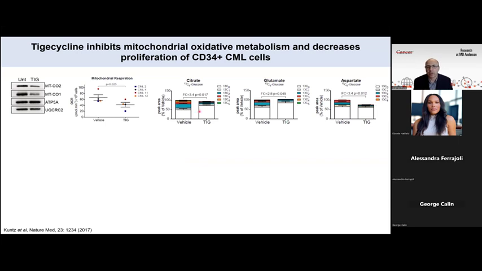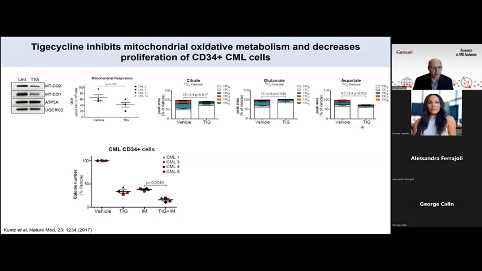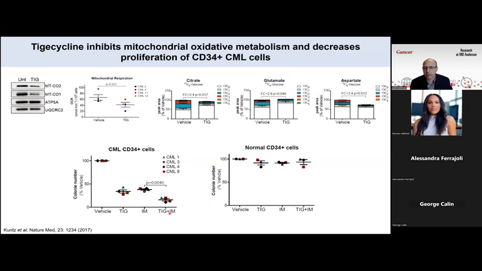Doing the glucose tracing, we could again block the oxidation of carbon in the TCA cycle and the production of glutamate and aspartate from these sources. Then, in the colony formation assay, we could see a nice cooperativity between the antibiotics and imatinib in vitro. But there is no effect on the clonogenicity of normal CD34 cells. It's only the leukemic CD34 cells.